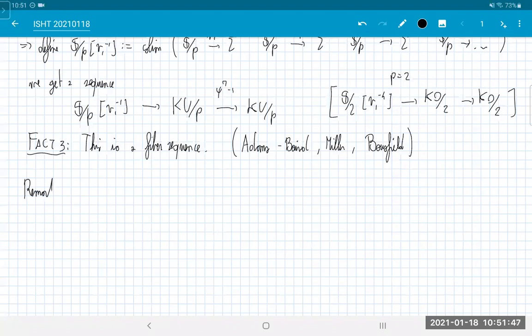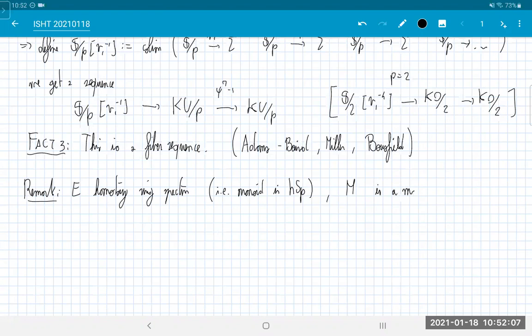So remark: if E is a homotopy ring spectrum, which is a monoid, I call it a monoid in the homotopy category of spectra, and M is a module over E in the homotopy category of spectra.